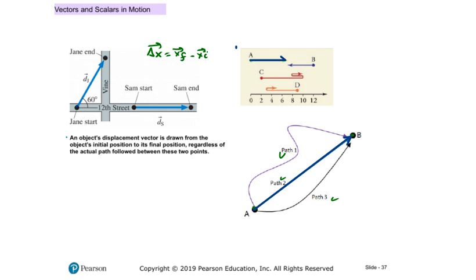Jane and Sam might have the same displacement, but depending on the directions they move, where they will go will change, right? It won't be the same. This picture here nicely shows how the displacement depends on the distance between initial and final position. A, straightforward. B, straightforward. Right, we moved on a straight line. But C curves around.